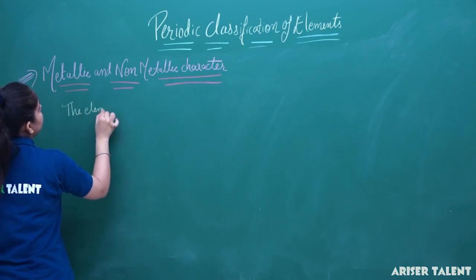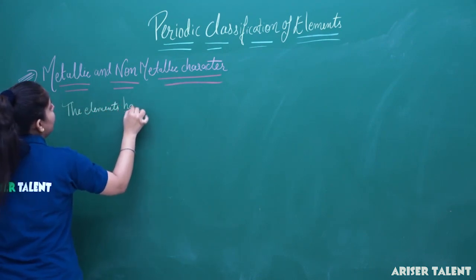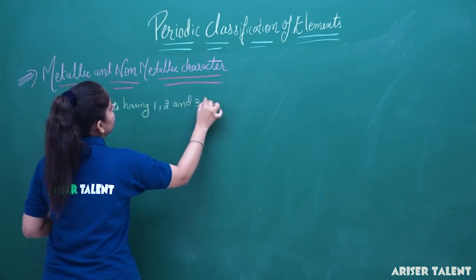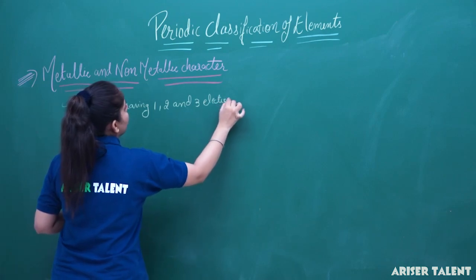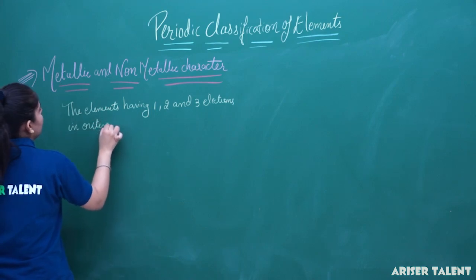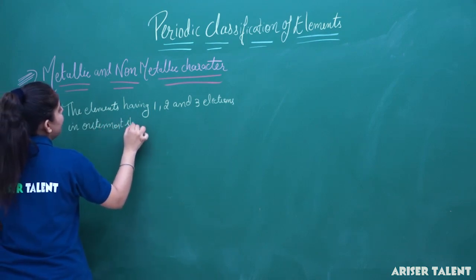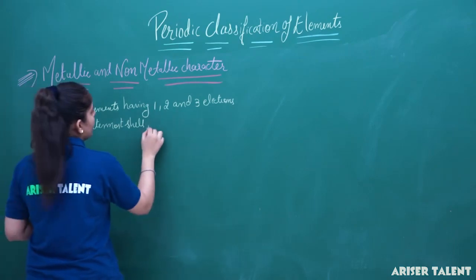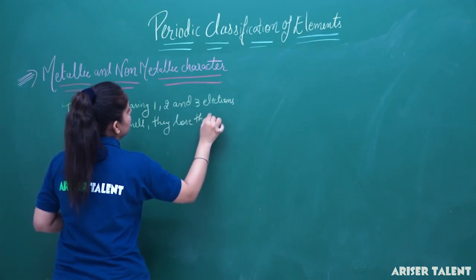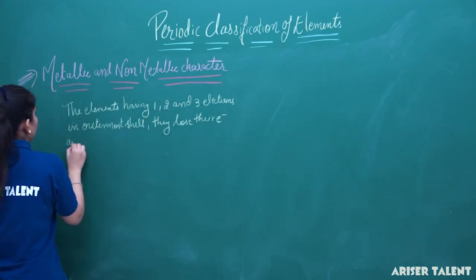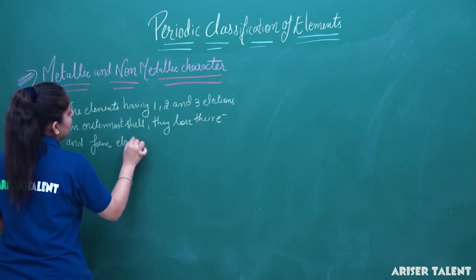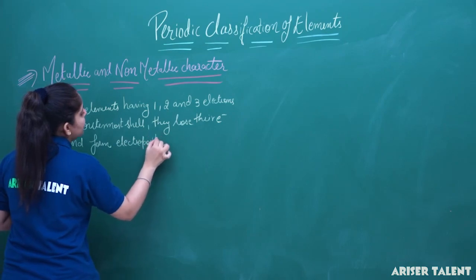The elements having 1, 2 and 3 electrons in the outermost shell, they lose their electrons and form electropositive ions.